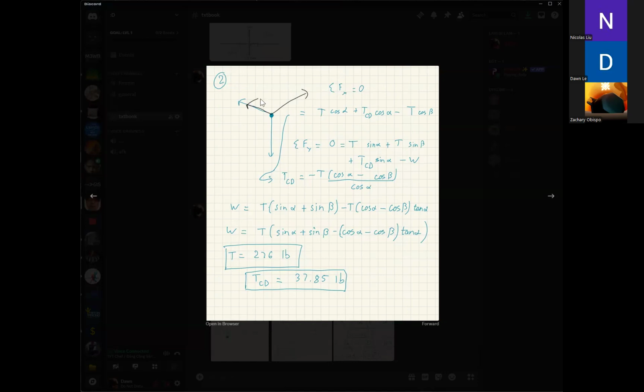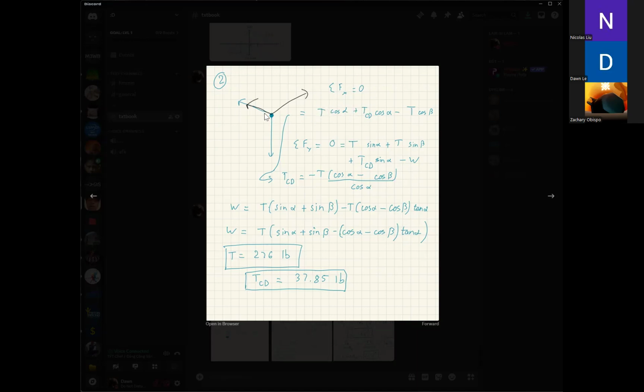Since the system is at constant velocity, Fx equals 0 since a equals 0. And we have T, the tension in both CA and CB, which is T cosine of alpha.